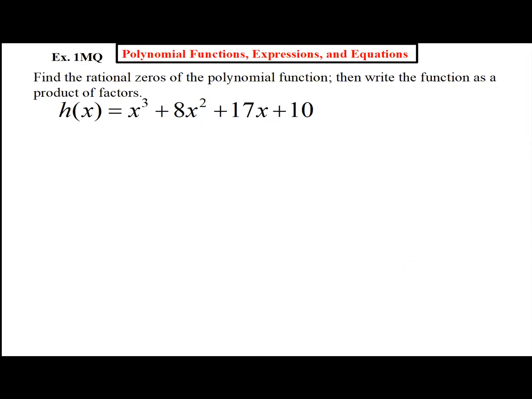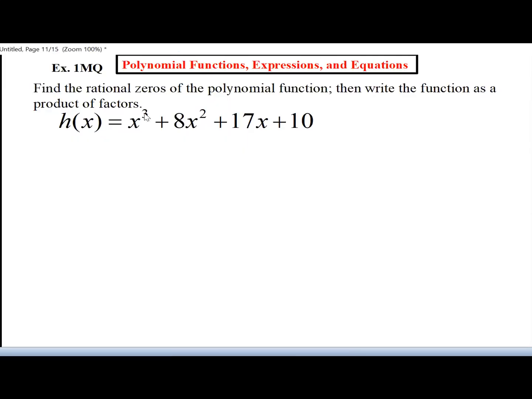Look at that function. What is the highest degree of that function? Everybody got it? Highest degree is what? 3. For those of you that don't see it, it's right here. That's the highest degree, which means the parent function of this one would be what? F of x equals what? X cubed.